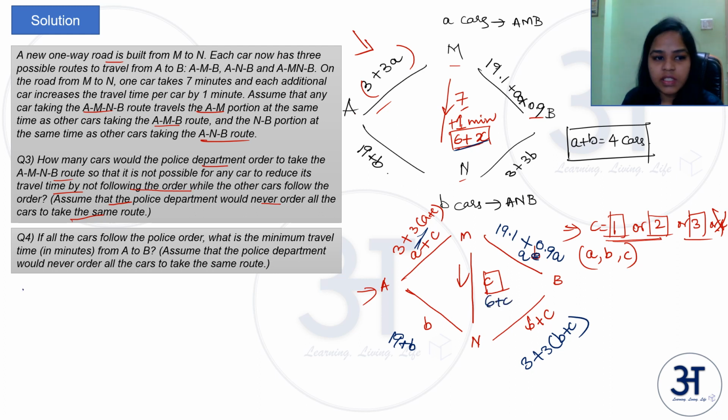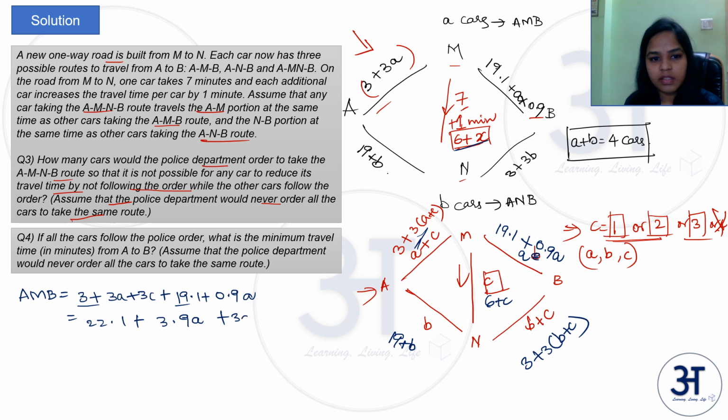Now the total time taken to go by the route A, M, B will be equal to 3 plus 3A plus 3C plus 19.1 plus 0.9A. That will be equal to 22.1 plus 3.9A plus 3C.